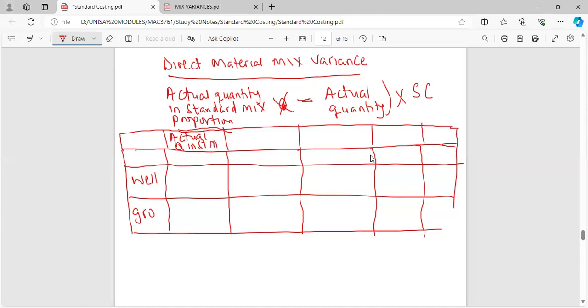I'll just shorten our actual quantity in standard mix. Then you are going to have your actual quantity. Then here you are going to have the variance, that is going to be the difference in quantity.